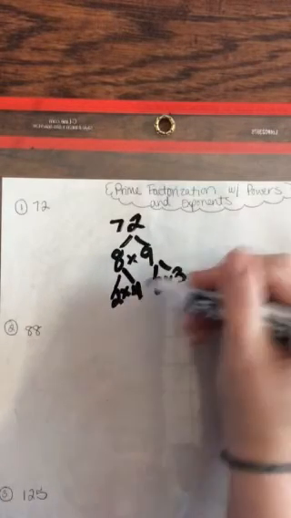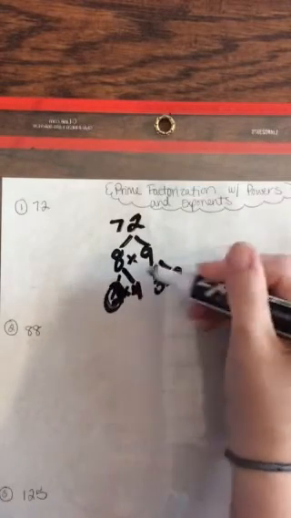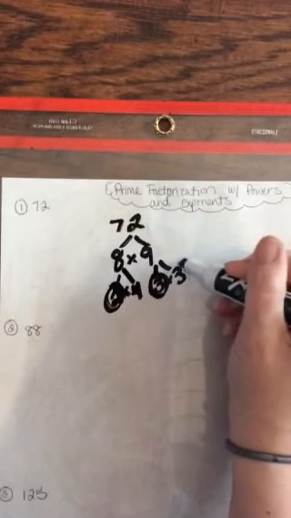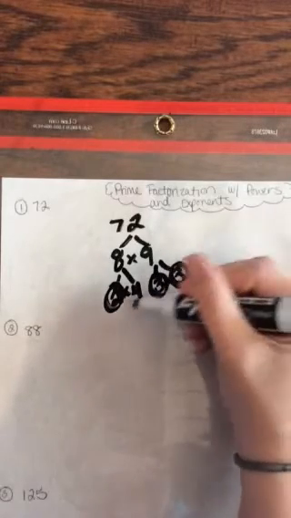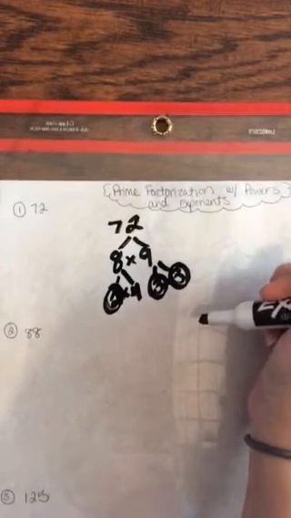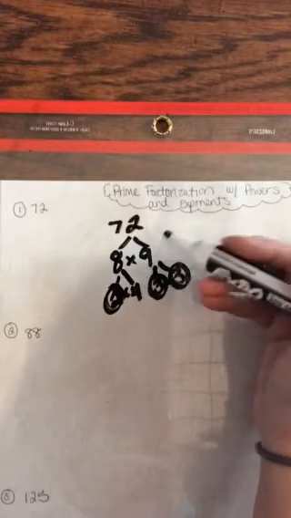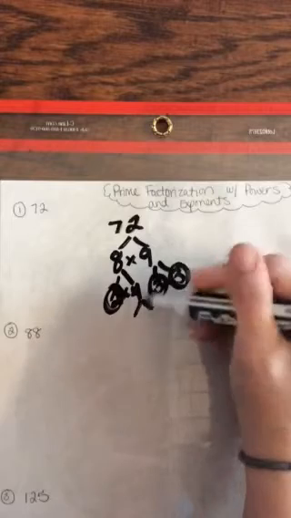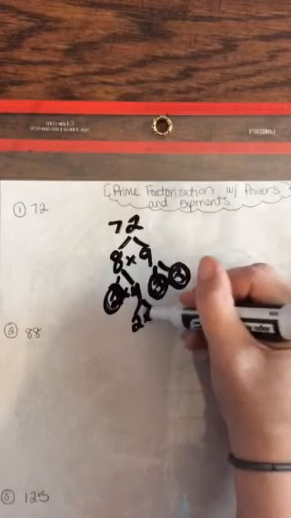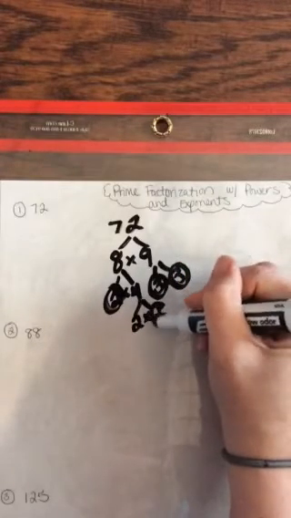Here's where I like to go through and circle any of those factors that I have so far that are prime. I know that I can't break those down any further except for 1 and itself. However, 4 is composite. So I'm going to take that one and break it down into 2 times 2.